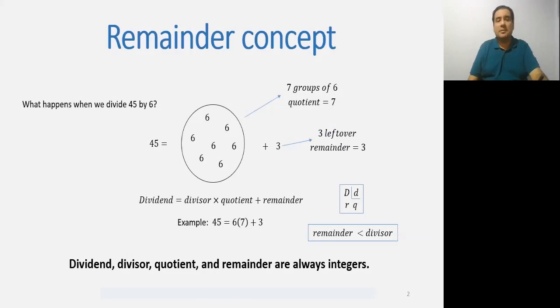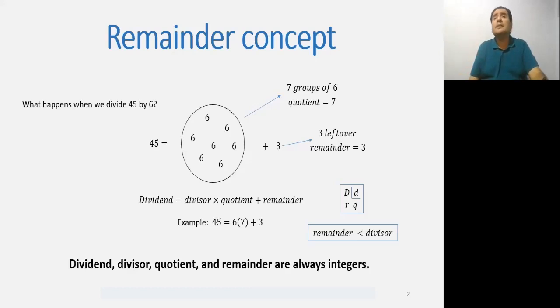What is a remainder? Well, the concept of remainder has to do with inexact division. When you divide one number such as 45 by a number like 6, well, it simply doesn't fit, right?